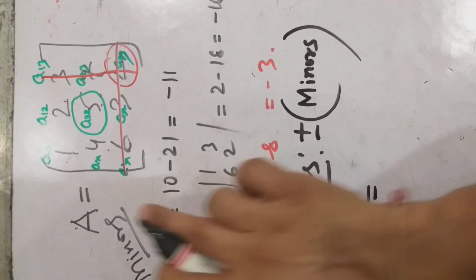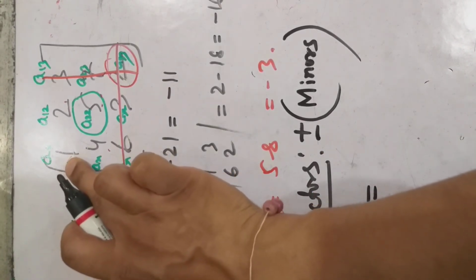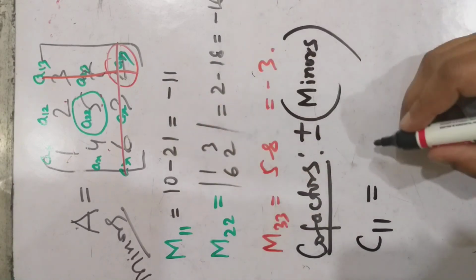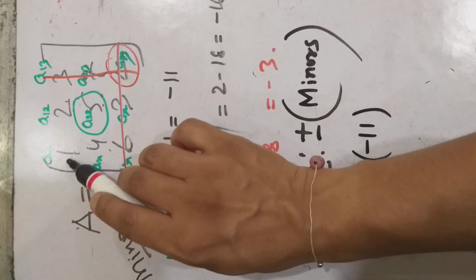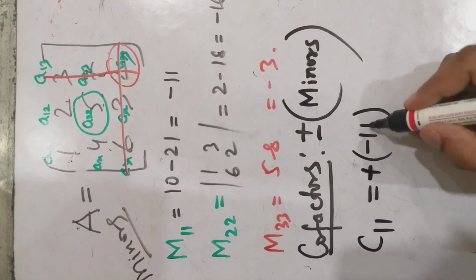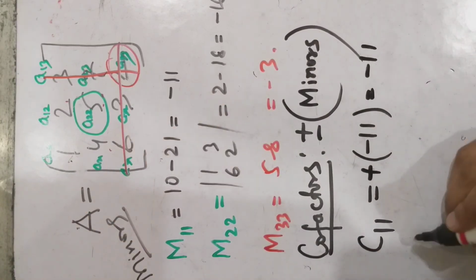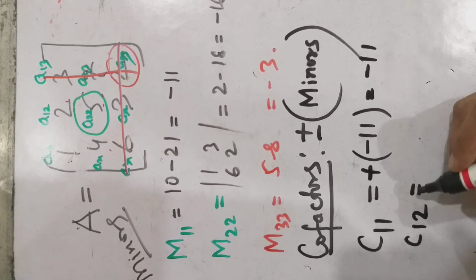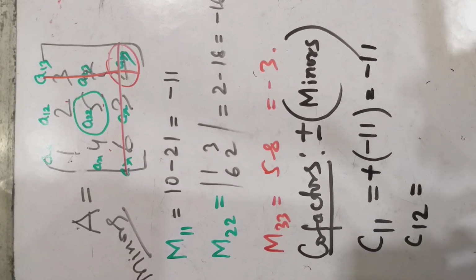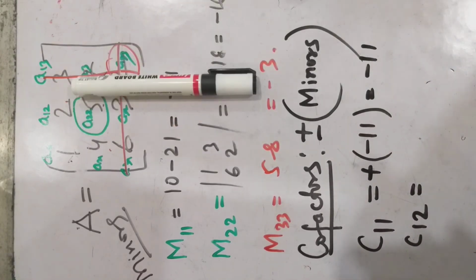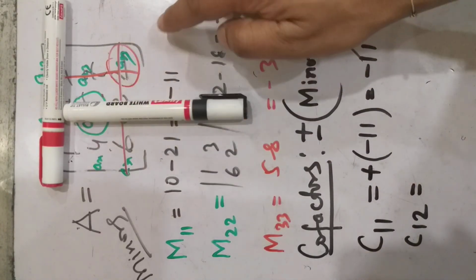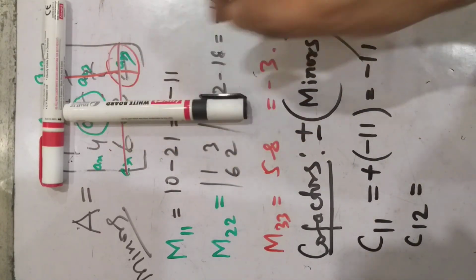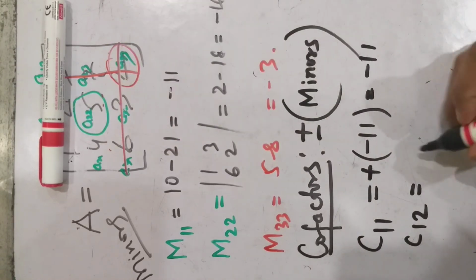M11 was minus 11, but the position sign is positive, so plus into minus 11 is minus 11. C12, let's find C12. What is M12? Let's block it. This is 4 into 2, 8, minus 6 7s are 42. 8 minus 42.